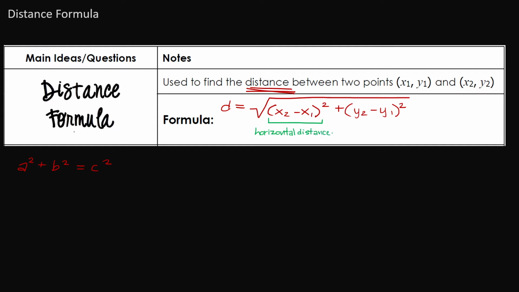And y2 minus y1 is the vertical distance. Y is our coordinate, which allows us to move up and down on the y-axis. So here you go. This is the square root of the horizontal distance squared plus the vertical distance squared.